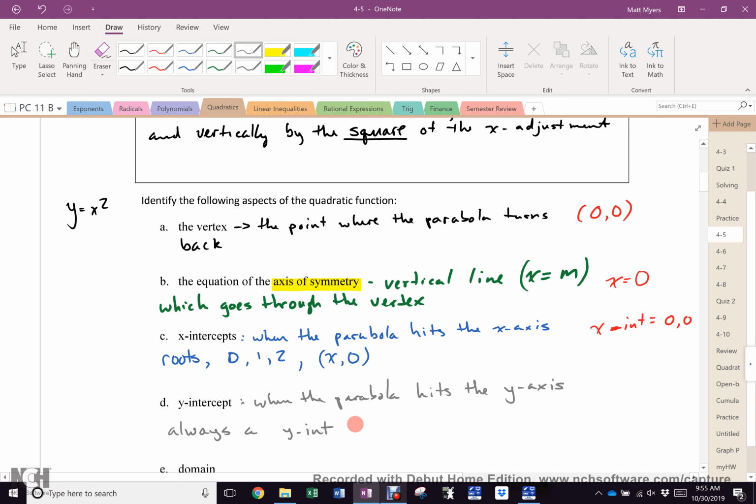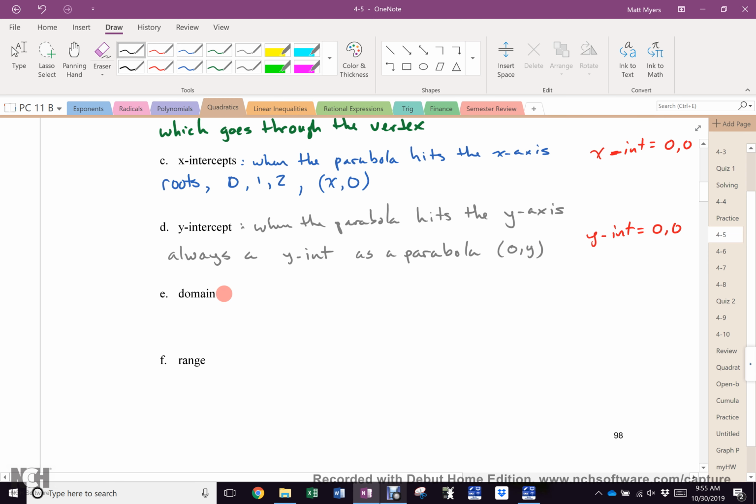Is there always a y-intercept of a parabolic relation in real life? Not necessarily, right? Because maybe it's on the negative side of x and it's something that couldn't be negative. Everybody with me? Always has a y-intercept as a parabola. And what is it in this case? It's, of course, 0, y. And what is it with this graph? It's again 0, 0. Because it only hits the y-axis once.